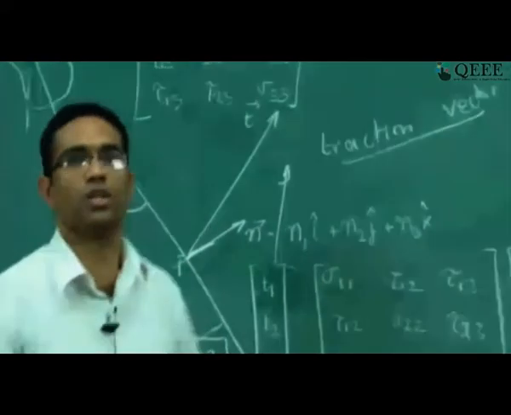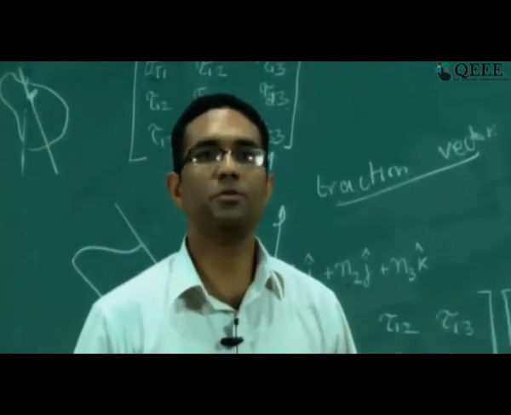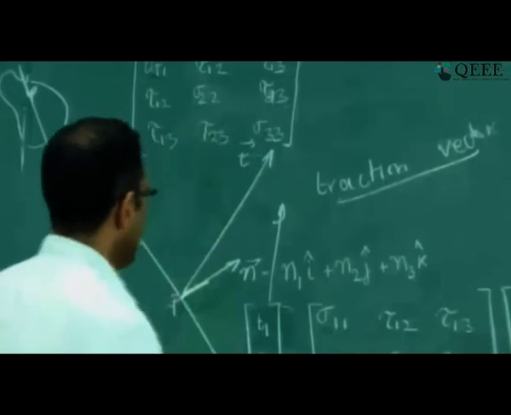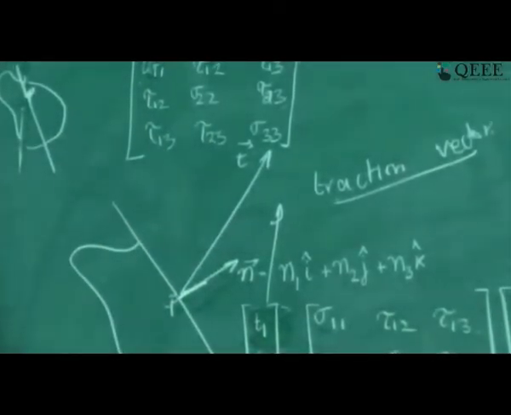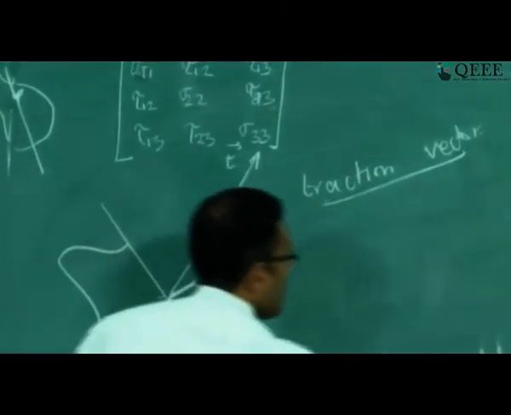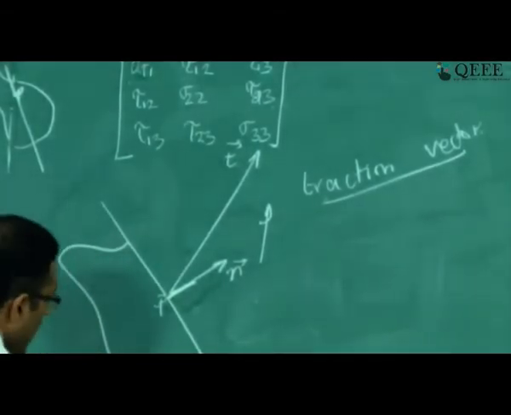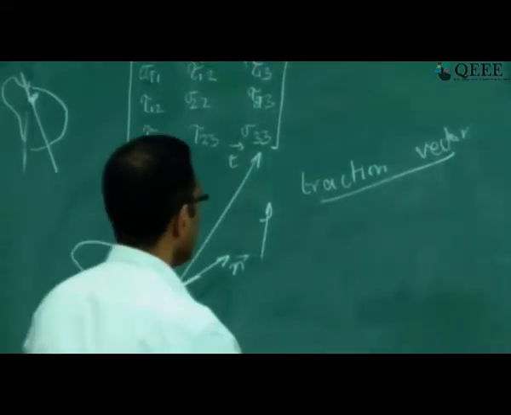Now we ask the question, how many such planes are there? How many such principal planes can we basically find? In order to do that, we try to enforce the mathematical constraint that I just spoke about. What did I say? I said that the traction vector and the normal must both be in the same direction.